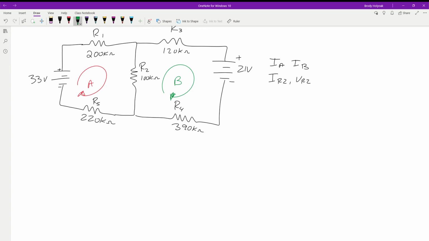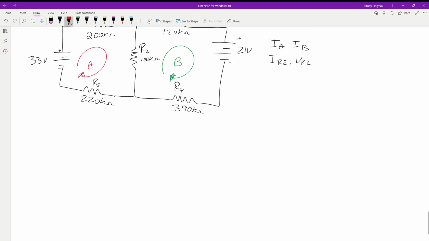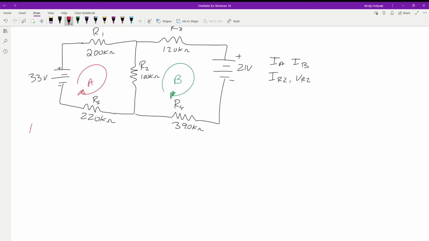First thing we do is assume our directions, and we're going to assume them going clockwise. Then we write our equations. Our Kirchhoff voltage loop for A: start here, go up and around.